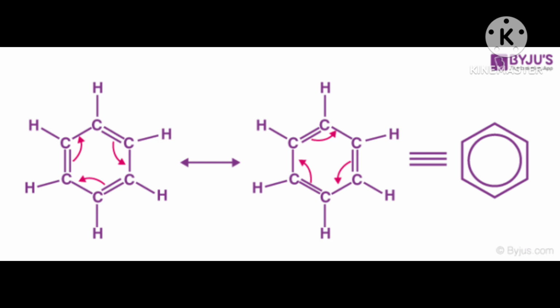The energy of the actual structure of the molecule, which means the resonance hybrid, is lower than that of any of the canonical structures. The difference in energy between the actual structure and the lowest energy resonance structure is called the resonance stabilization energy. Question is asked, what is the resonance stabilization energy?